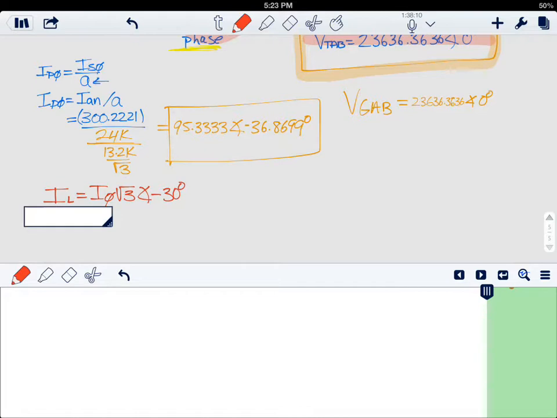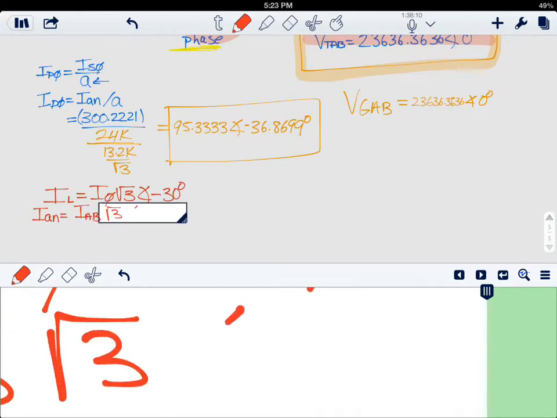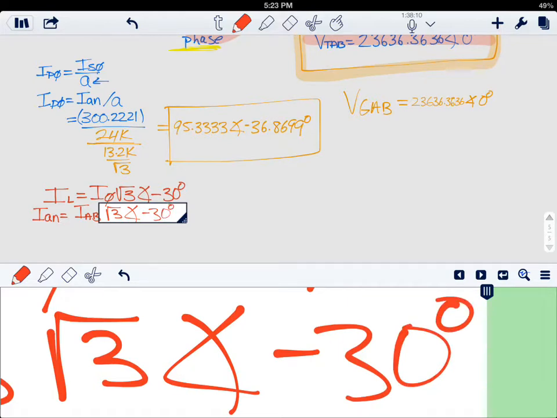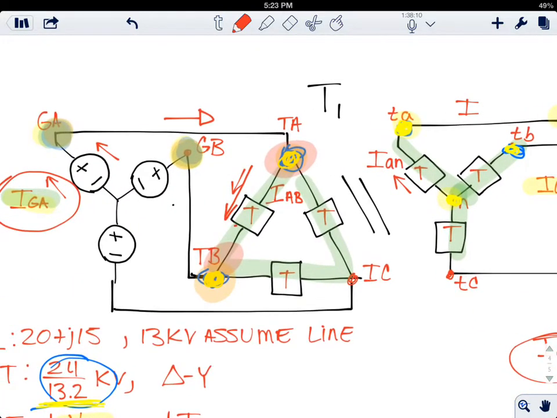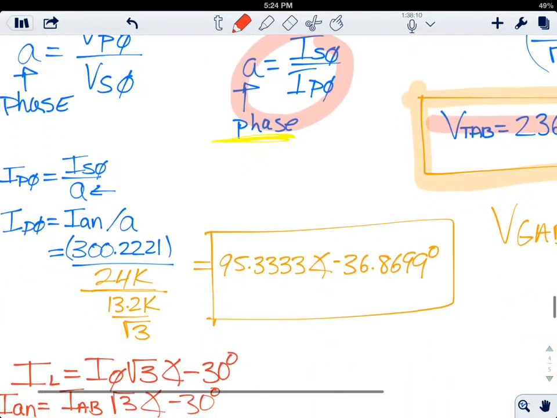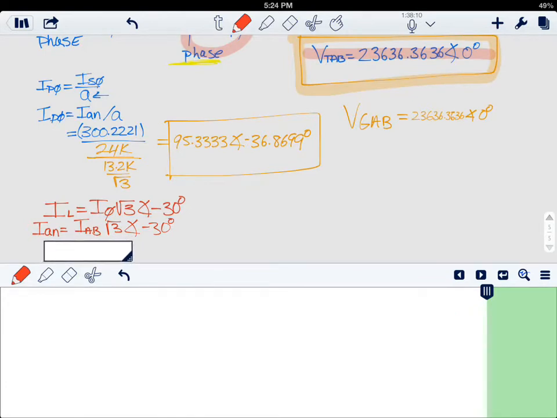The line current in this case is the current from A to N. The phase current is from A to B. So the current flowing through here is going to equal this current times the square root of 3, and the angle is going to be subtracted.